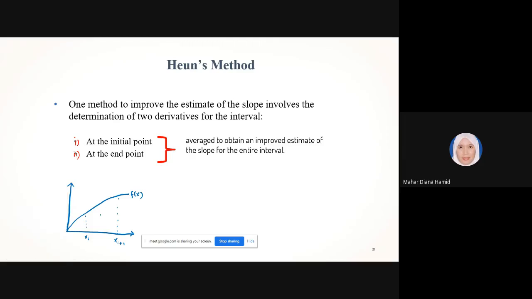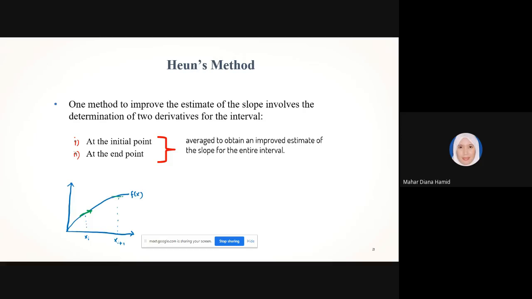First, we are going to determine the derivative at the initial point. So this is the derivative at the initial point, and also the derivative at the end point.